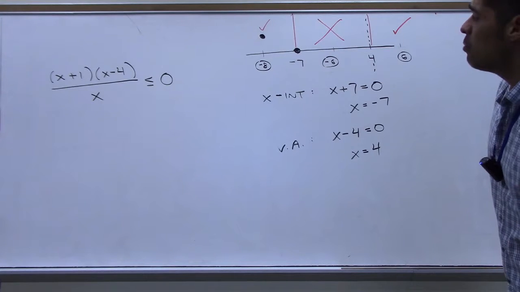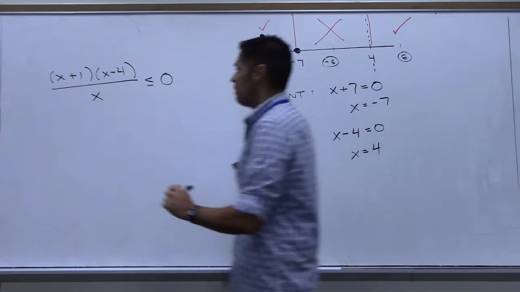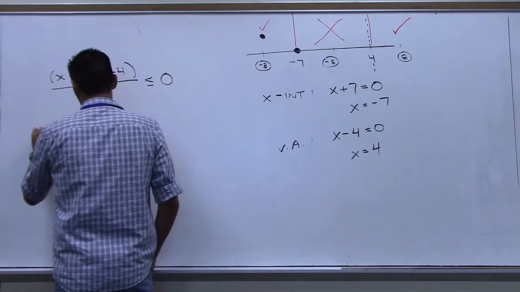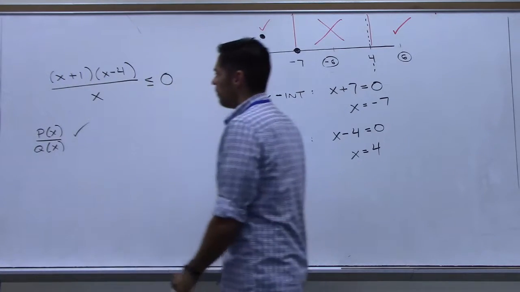That's a rational inequality. We've got to move everything to one side. We've got to make it look like P of x over Q of x. And it already does. So we don't need to do any work here.